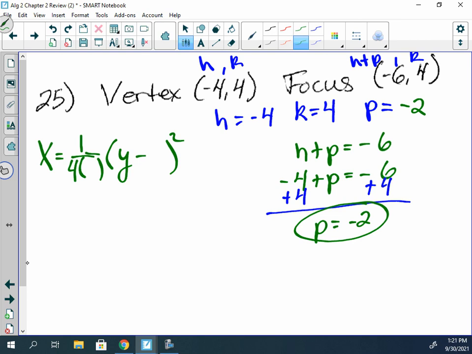Now, if you feel comfortable with writing it in, you don't have to write it out as x equals 1 over 4p times (y minus k) squared plus h. If it helps you to write it out first, write it out first.